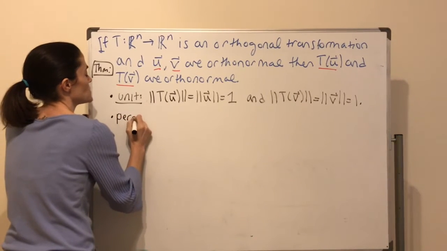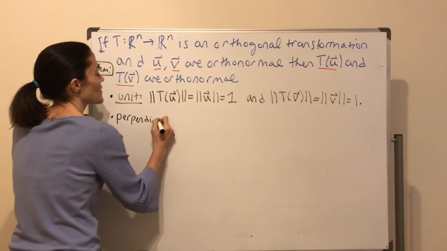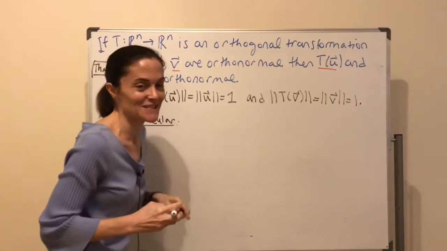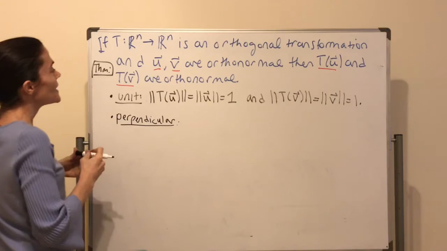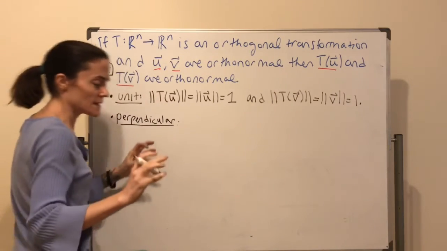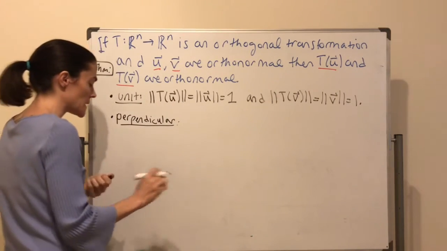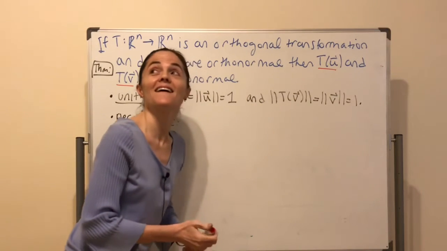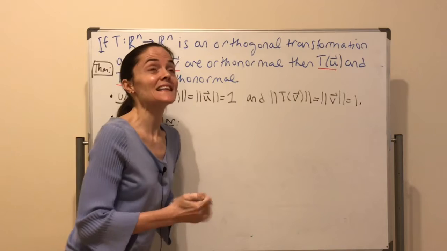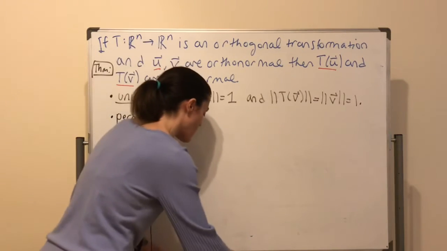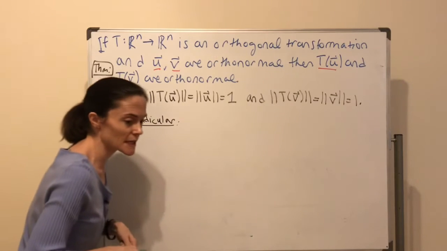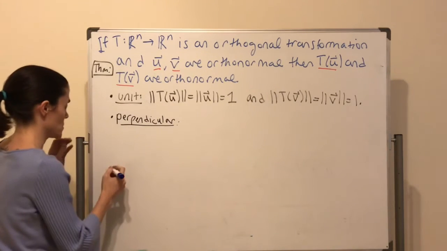I will just use this word because I already have orthogonal on the board talking about the transformation. So why are T of U and T of V perpendicular? Well, let's go back, and I think I had this on the video before the last one, a characterization of perpendicular vectors, but it's really just the Pythagorean theorem.